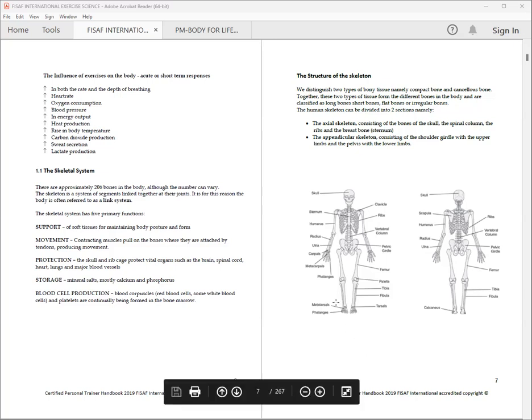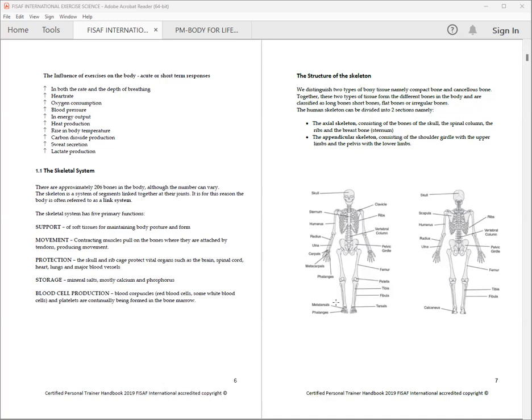So again, the finger bones, like the metacarpals and the phalanges, and also in your feet, those little bones you don't need to know. Yeah. So concentrate only on the humerus, radius, ulna, carpals, sternum, shoulder blades, like scapula, stuff like that.